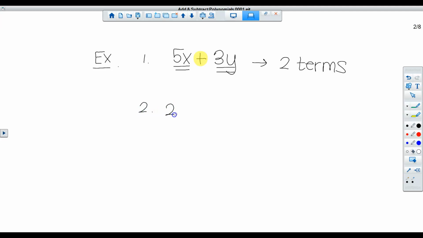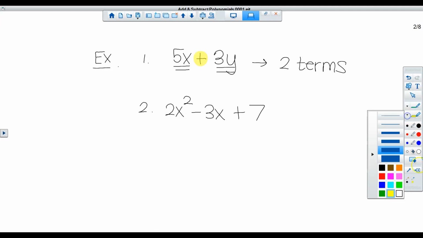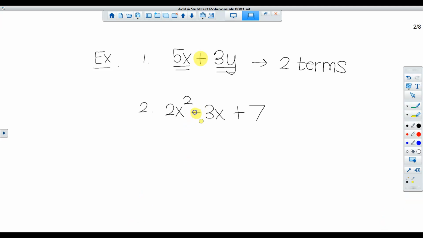All right, I could have something like 2x squared minus 3x plus 7. That is a polynomial. The terms are the parts that are connected by addition or subtraction. Well, right here is a subtraction sign.